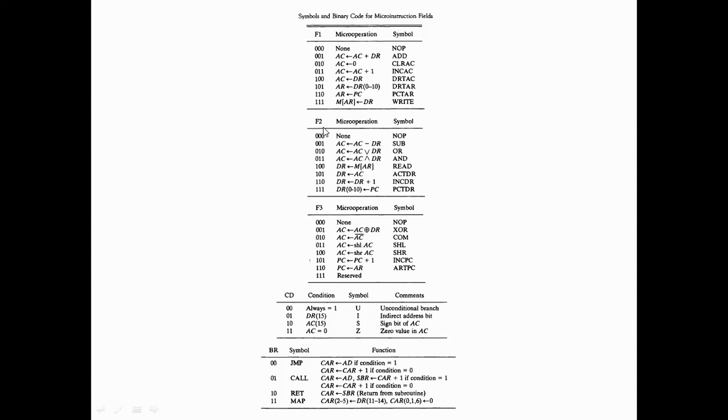In the same way, then we have F2. 000 means no operation. 001 means subtraction. Next is OR, then AND, then read, then AC to DR, then increment DR, and then PC to DR. In F3, 000 means no operation. 001 means XOR between these two.